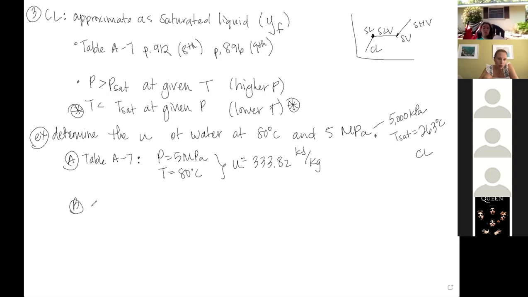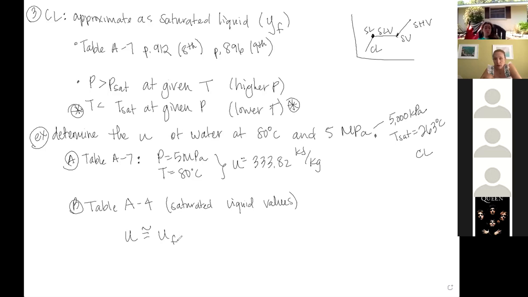If we were to use table A4 and then use our saturated liquid values, the internal energy of our system is approximated as the internal energy of our saturated liquid at 80 degrees Celsius.